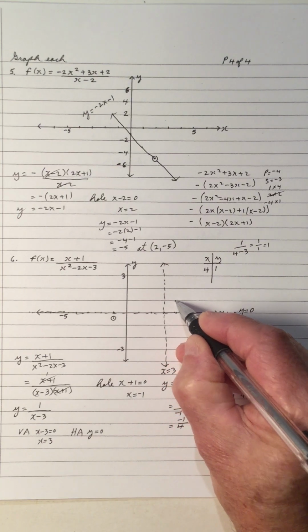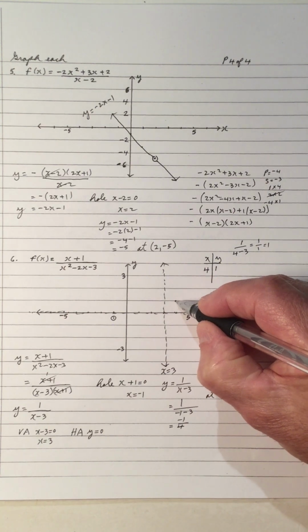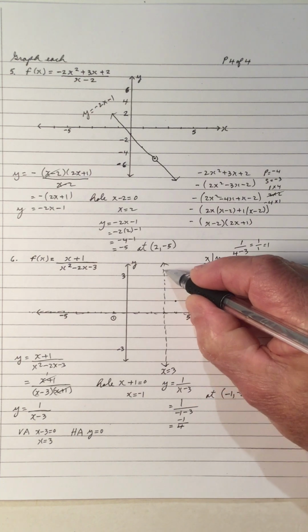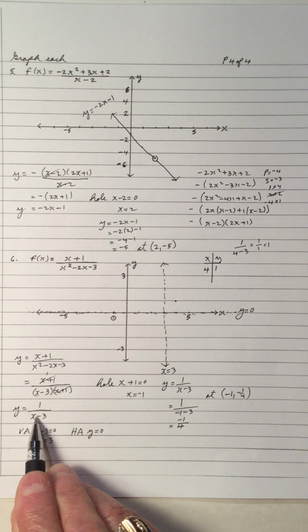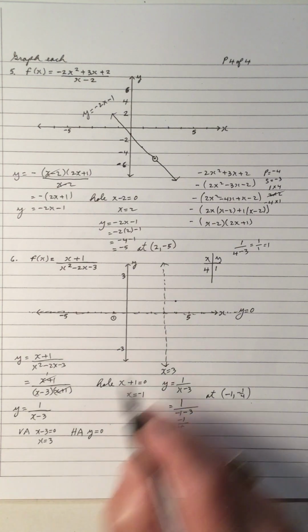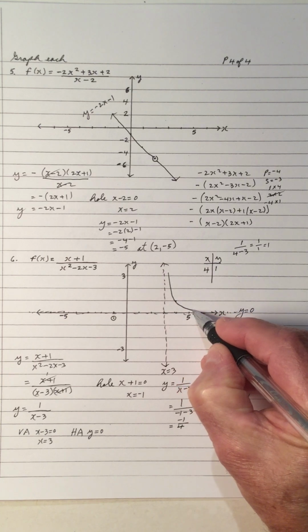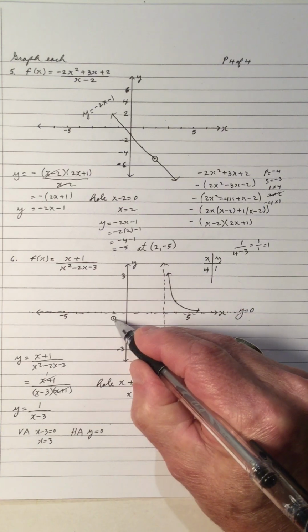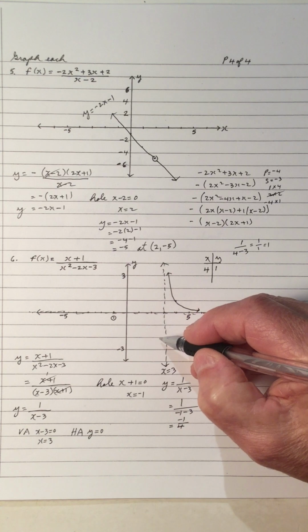There it is, so we know it's here. Because it's in here, it can either go like this, or it's got to go like this. But remember, as x goes to infinity, y is approaching 0. So it has to go this way, like this. And because that's the hole, it has to come over here.